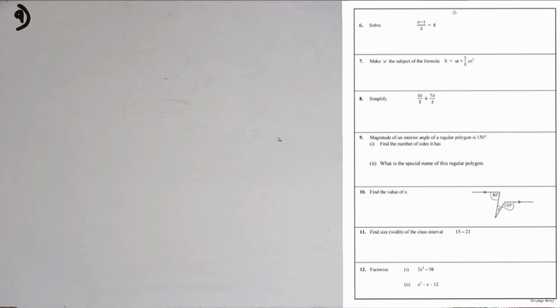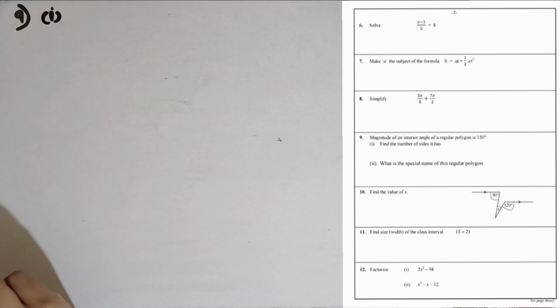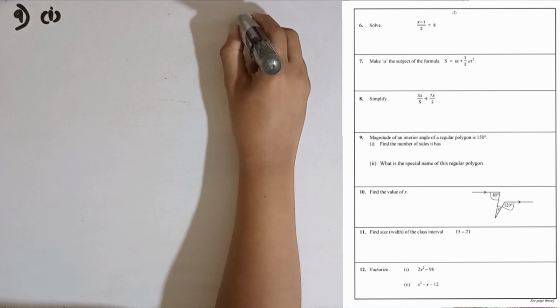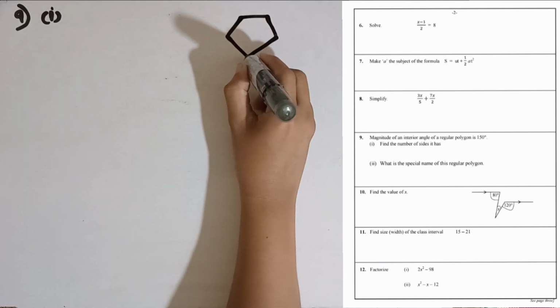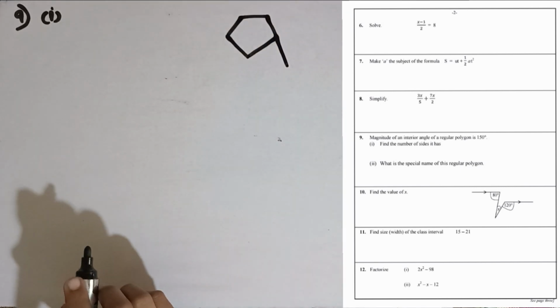Question number 9. Magnitude of an interior angle of a regular polygon is 150 degrees. First question: find the number of sides it has. In a polygon, we know that the sum... if I draw a polygon like this, it is not a polygon relevant to this question. We can take an exterior angle like this.